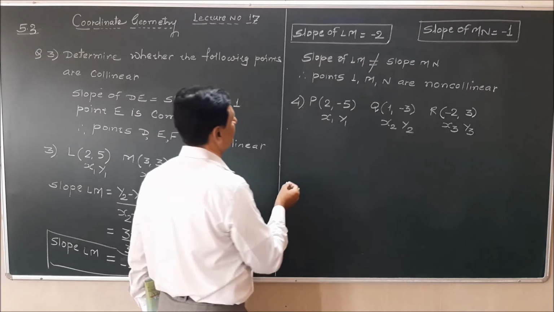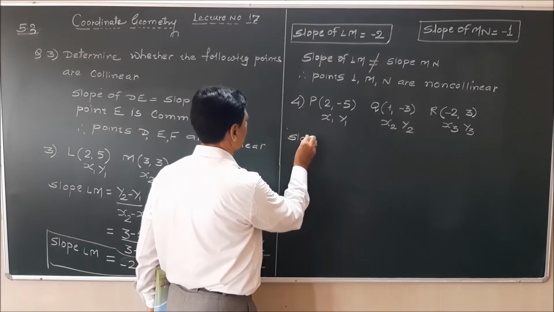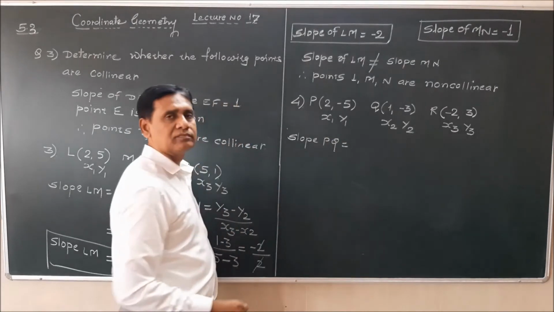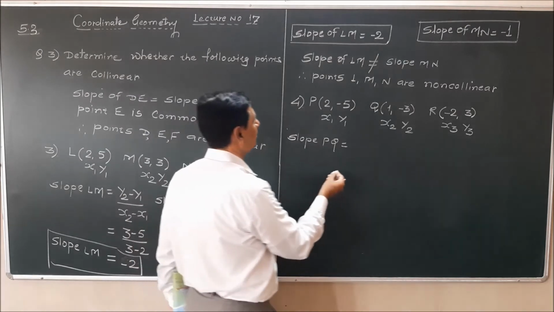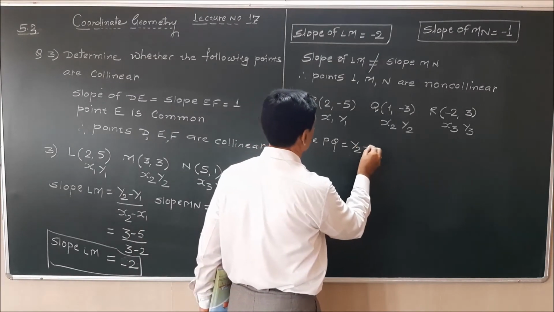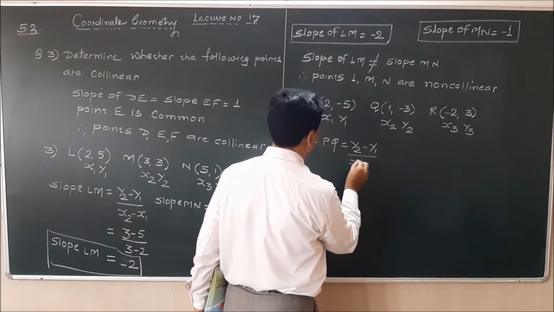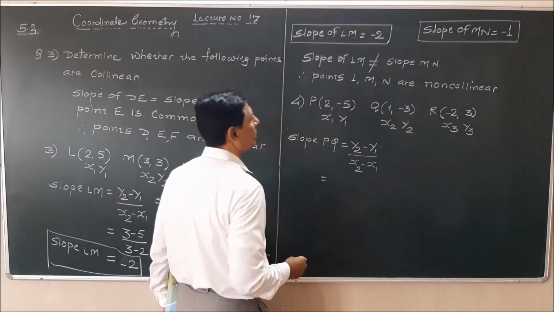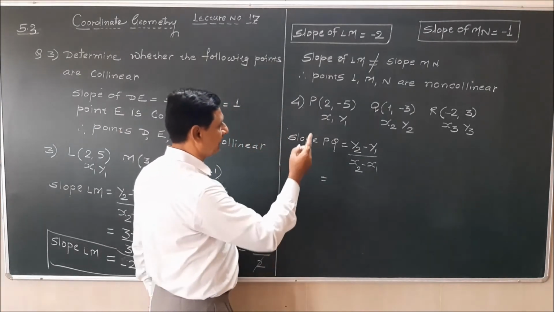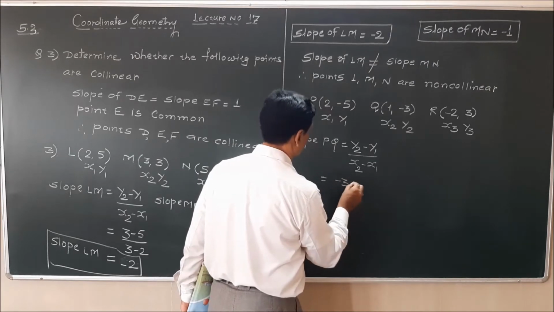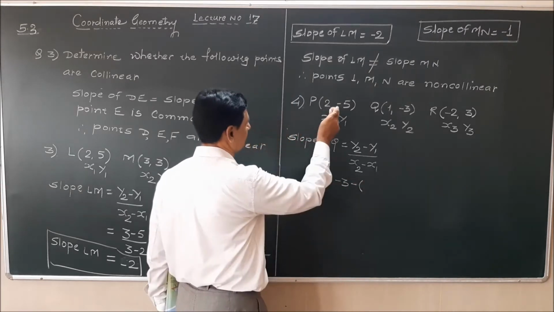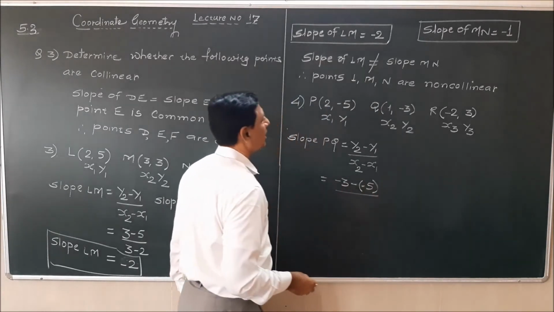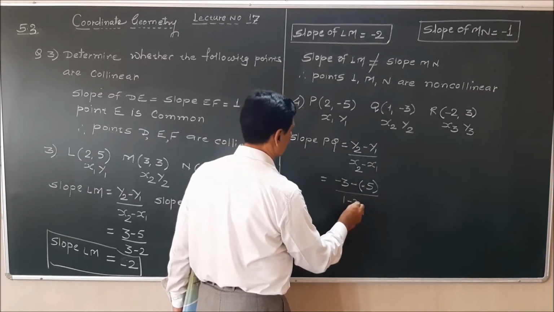Now slope of PQ is equal to y2 minus y1 upon x2 minus x1. That is equal to the value of y2, minus 3, minus of y1. Dear students, whenever a minus sign is there, you have to be careful here. x2 minus x1 is 1 minus 2.